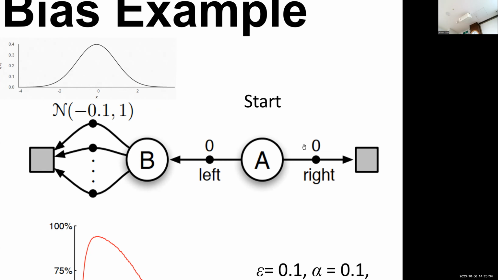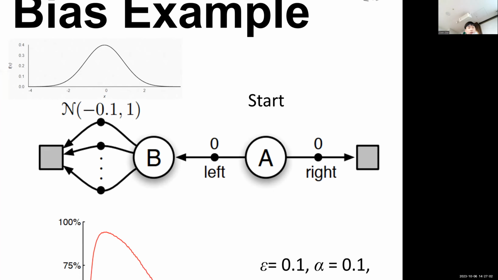And if you draw a sample from this distribution, you have a much higher chance to get a positive value from 0, right? This means that many of the rewards from B to the terminal state will be positive instead of 0.